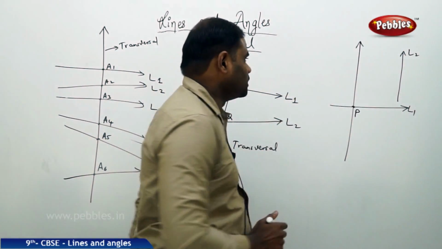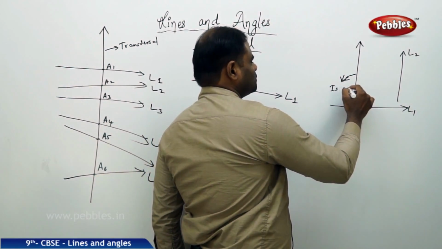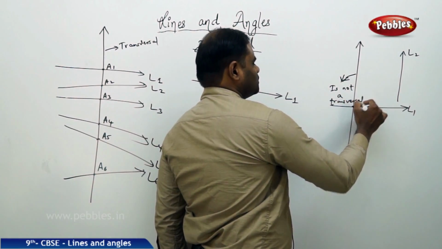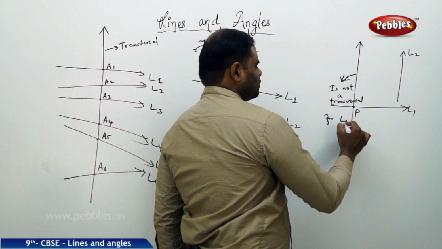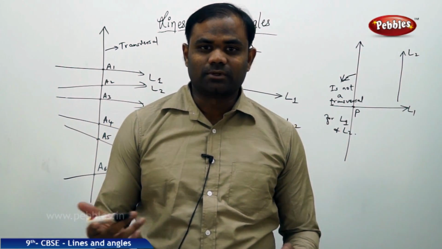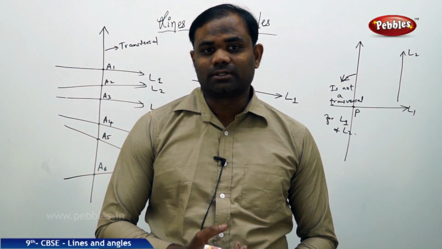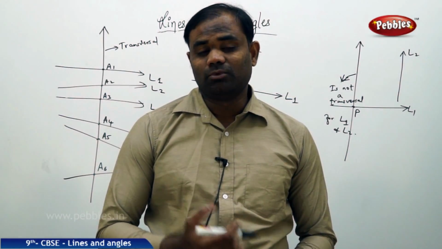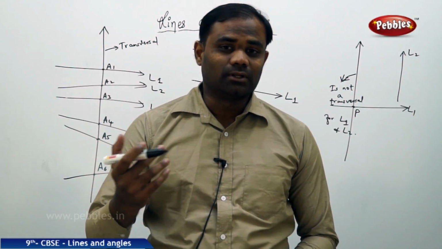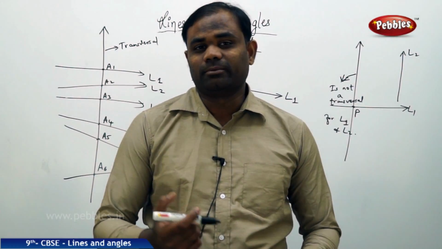Therefore, this cannot be a transversal for L1 and L2. It is not a transversal for L1 and L2. This is how we understand the transversal property in mathematical understanding. Transversal is a line which cuts more than two lines at two distinct points or at all distinct points. This is how we understand transversal in geometry.